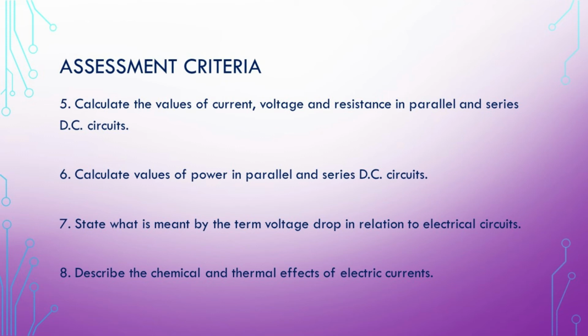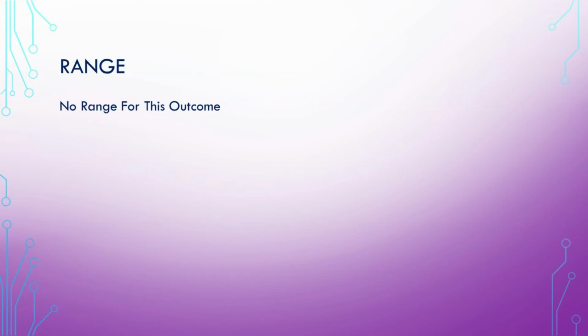And 6, calculate values of power in parallel and series DC circuits. 7, state what is meant by the term voltage drop in relation to electrical circuits. And finally, 8, describe the chemical and thermal effects of electric currents. For this particular learning outcome, there is no range.